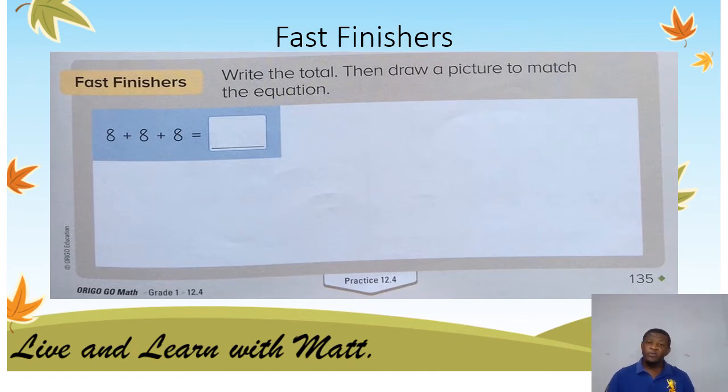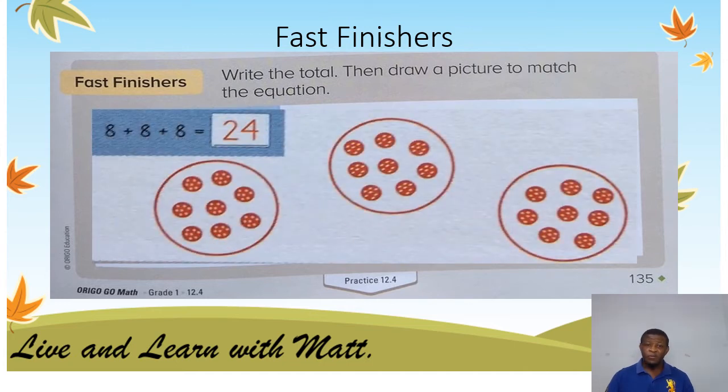You can draw a picture similar to teacher's picture, like this. And when we count in jumps of 8, we get 24. 8, 16, 24. You can pause the video now so you can draw your picture. As you can see, we have 3 groups of 8 balls.